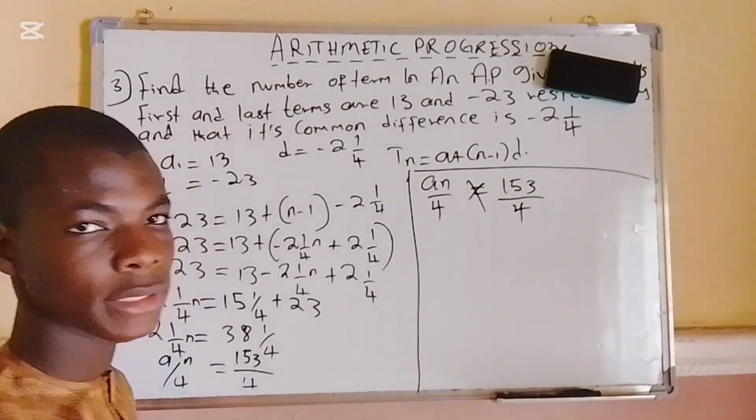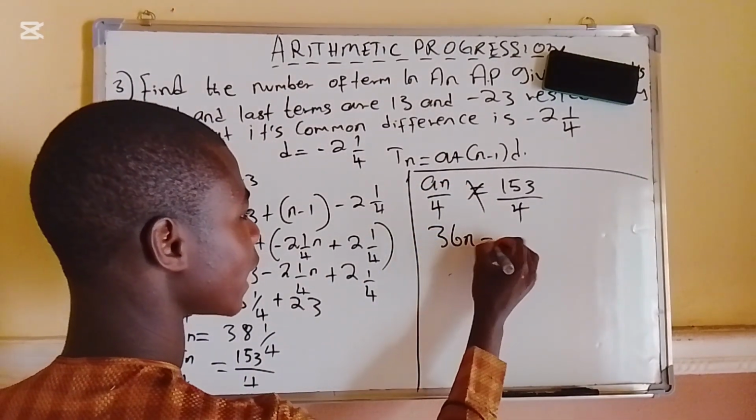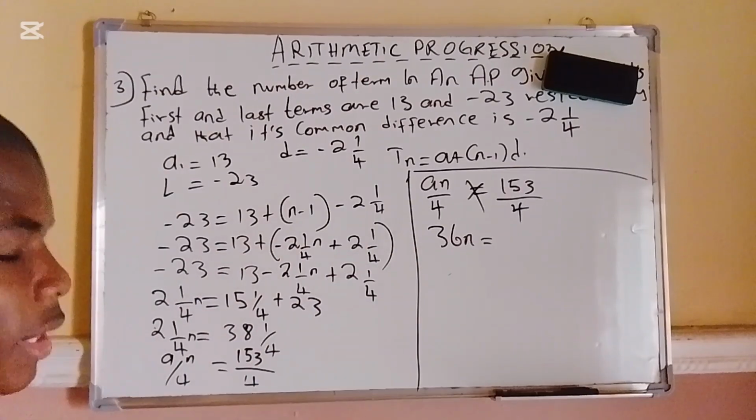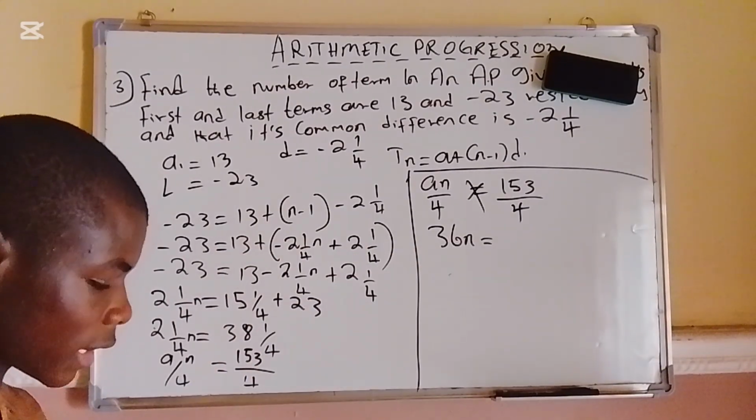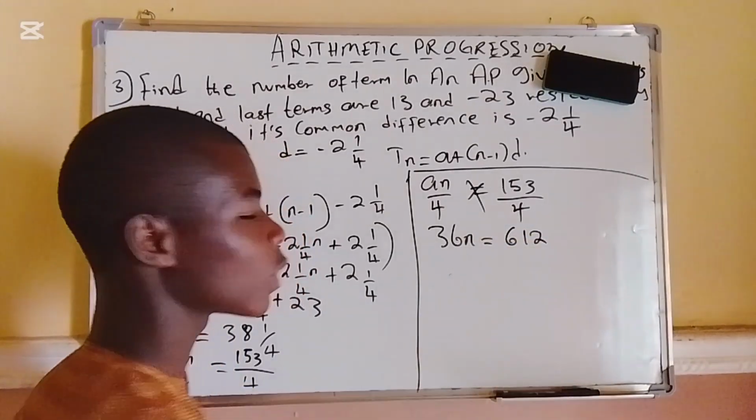Cross multiply: 9 multiplied by 4 is 36n, and it is equal to 153 multiplied by 4, which is 612.